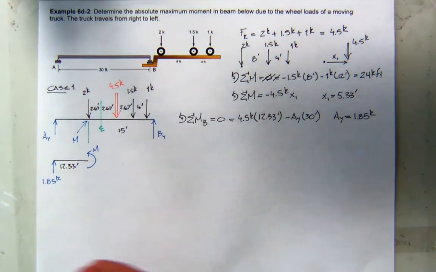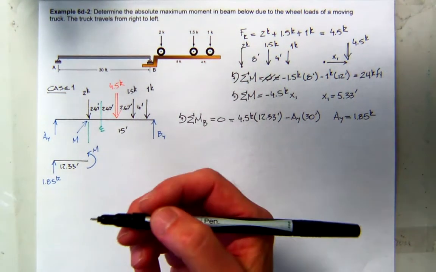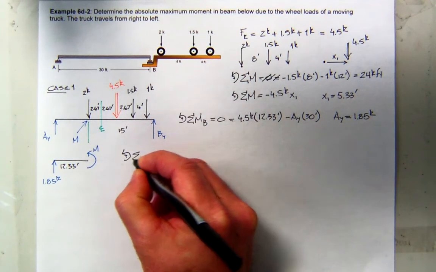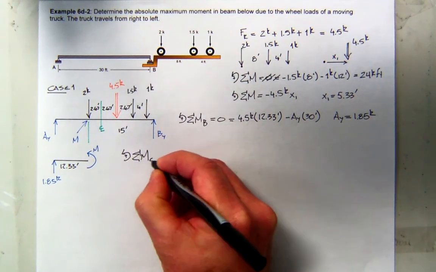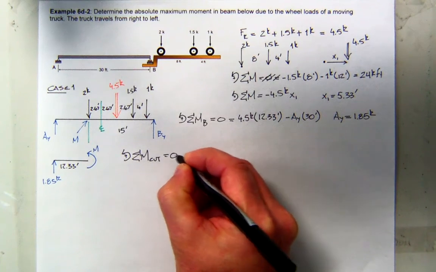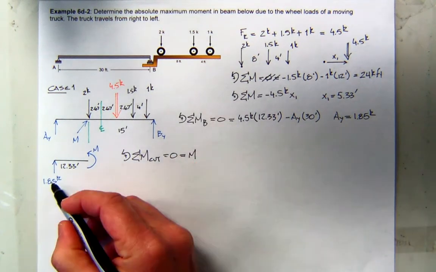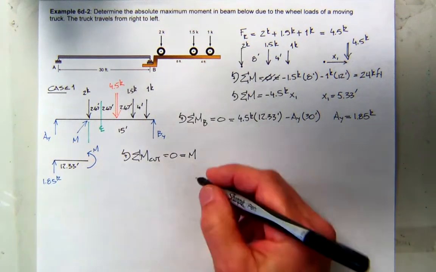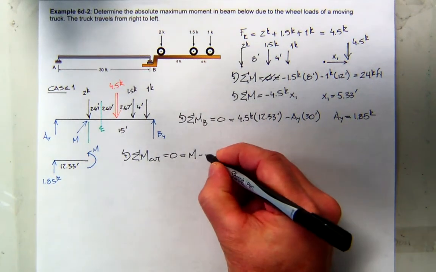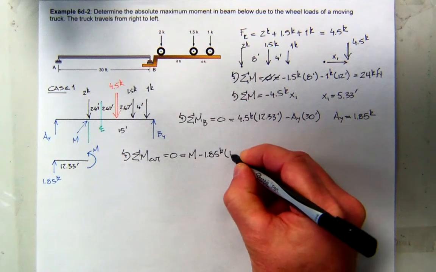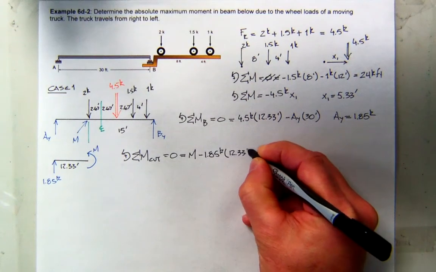Well, all you have to do to find the value is take the moment, right? And that's a pretty easy thing to do. We'll just sum the moments at the cut, and that'll have to be in equilibrium. And what do we have? Well, the moment M is positive, the moment created by the 1.85 is negative, and then the distance is 12.33 feet.